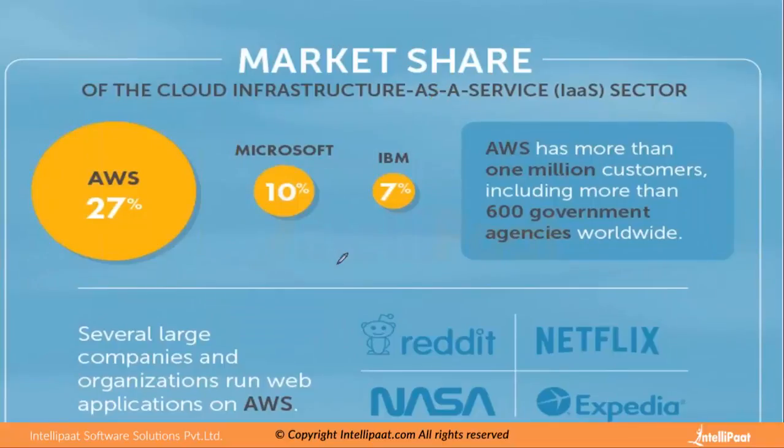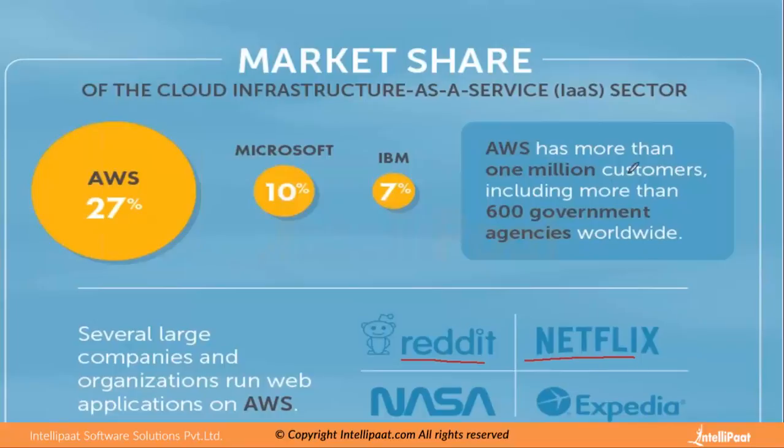And if we talk about the clients of AWS, we have Reddit, Netflix, NASA, Expedia, Obama campaign, Pinterest, Kempinski Hotels, CIA, Infor. So these are the clients of AWS.